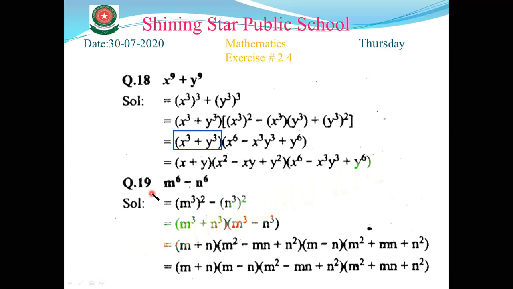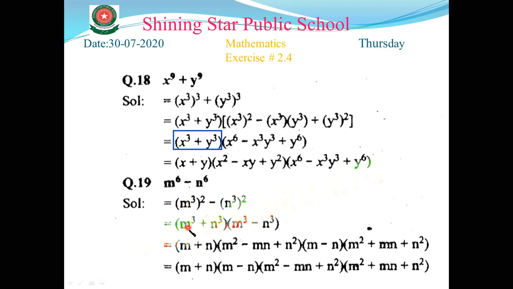Now question number 19. m power 6 minus n power 6. So we change this to m cube whole square minus n cube whole square, since 2 times 3 is 6 and 3 times 2 is 6. Now a square minus b square is equal to a plus b, a minus b.